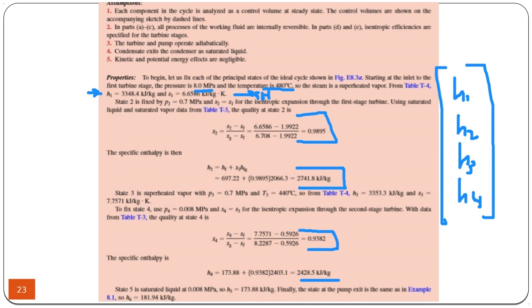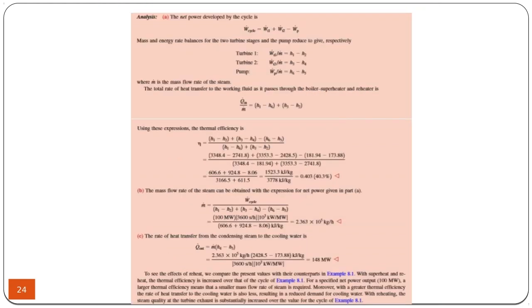Now, the net cycle work is the work of the turbines minus the pump work. Pump work is little, but we're going to consider it anyway. The turbine work for the first turbine is H1 minus H2, the second one is H3 minus H4, and the pump work is H6 minus H5. And the net Q addition is the normal boiler heat plus superheat.